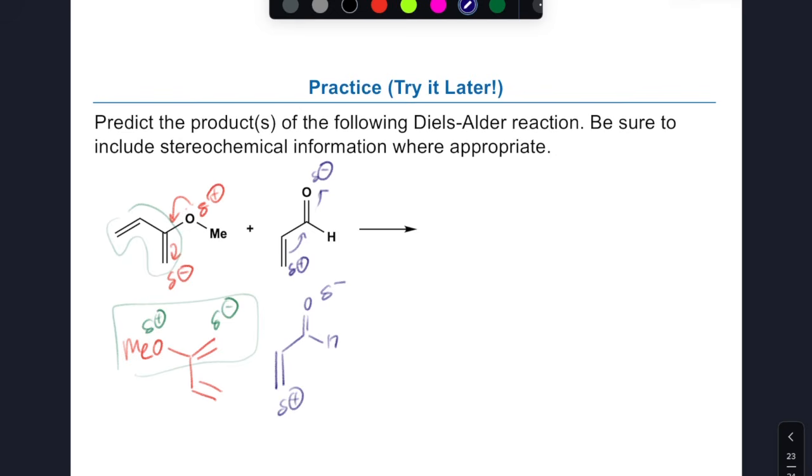The negative charges are bumping up against each other. In this geometry, assuming we did an endo approach, this specific orientation would give me a product that looks like this, O-methyl, and I'm going to say that goes endo to give me a carbonyl. Generally, this will be disfavored.